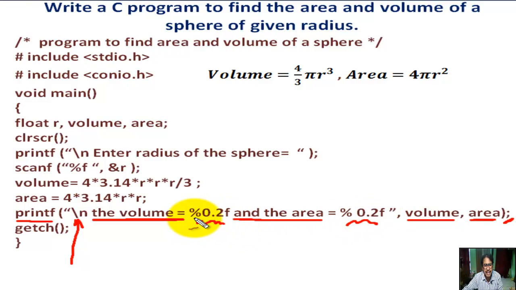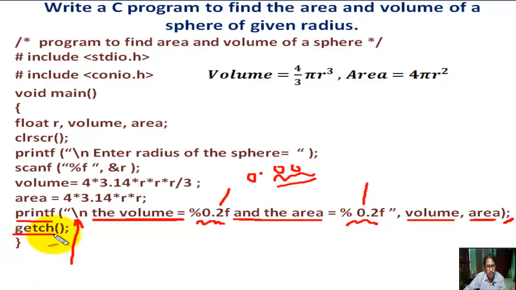Percentage f is for float variable, percentage d for integer variable. 0.2 means, for displaying the float value of variable volume and area, the number of decimal digits is two. After the decimal there are two digits. It displays 2 digits after the decimal point. Okay.